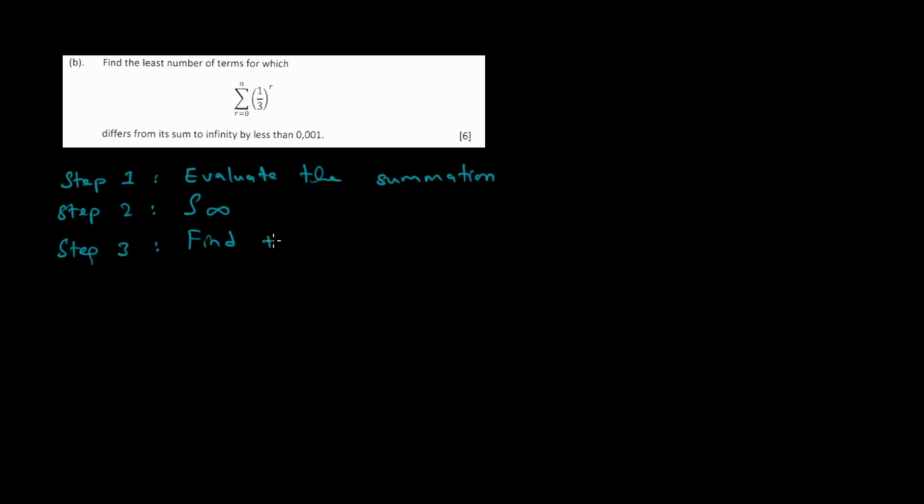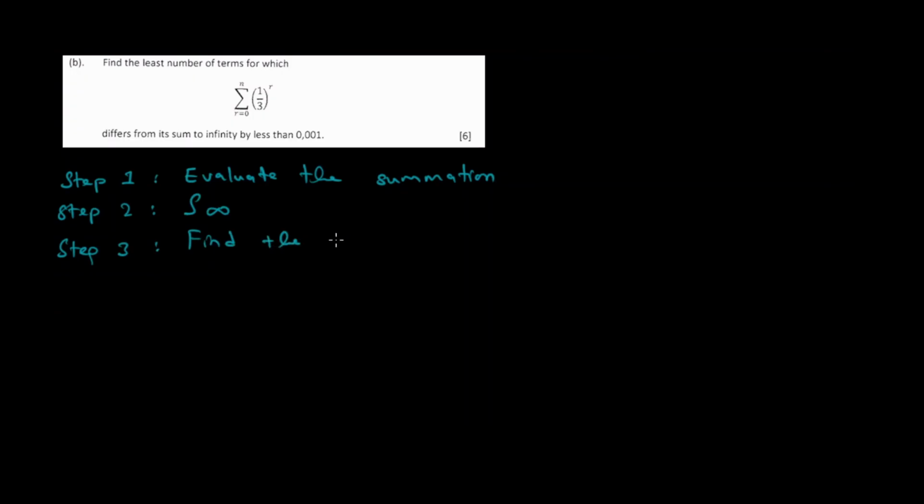So our step 1, of course, in the exam you write step 1. Step 1 is that the question wants us to evaluate the summation. Step 2 is to find the sum to infinity. And lastly, step 3 is to find the difference.